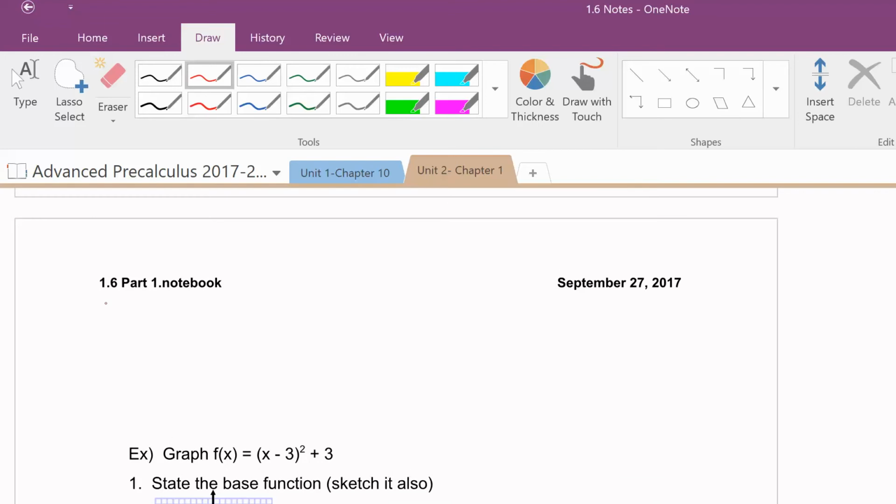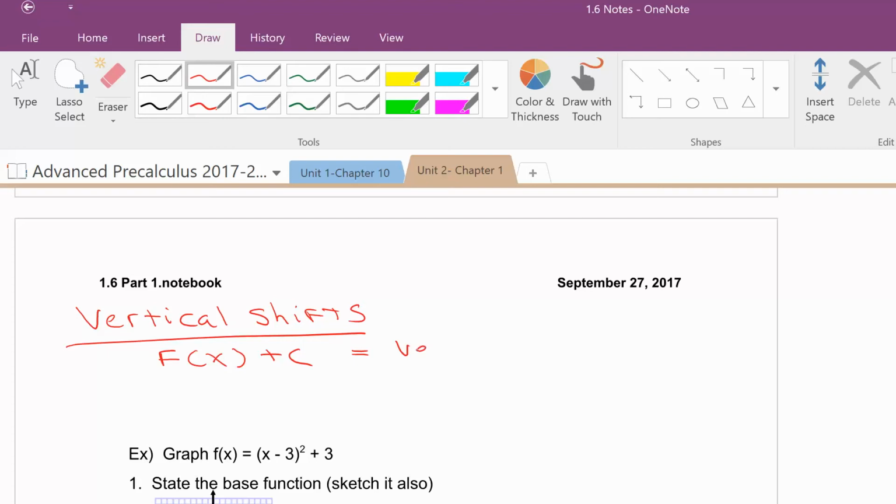Next, we have vertical shifts. For vertical shifts, if the number is added outside of the function, it's a vertical shift up c units.